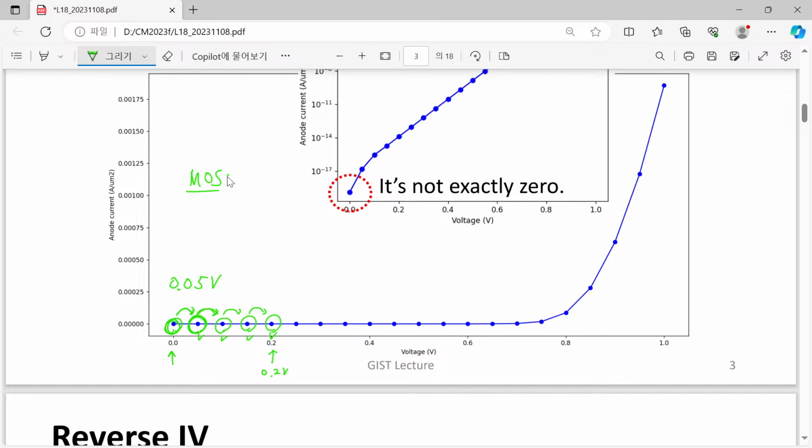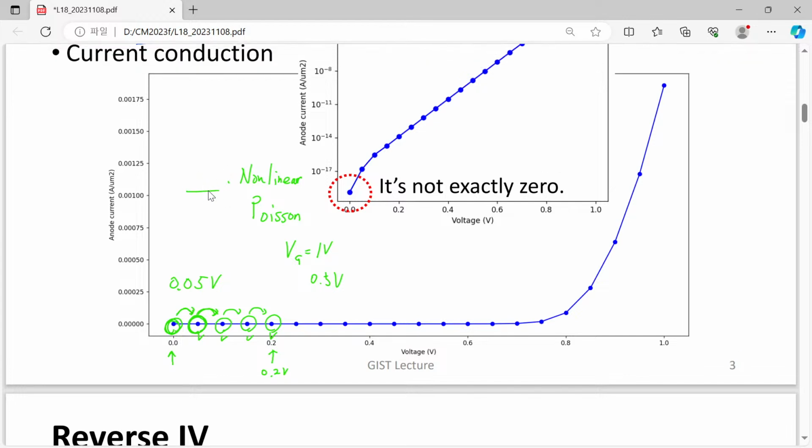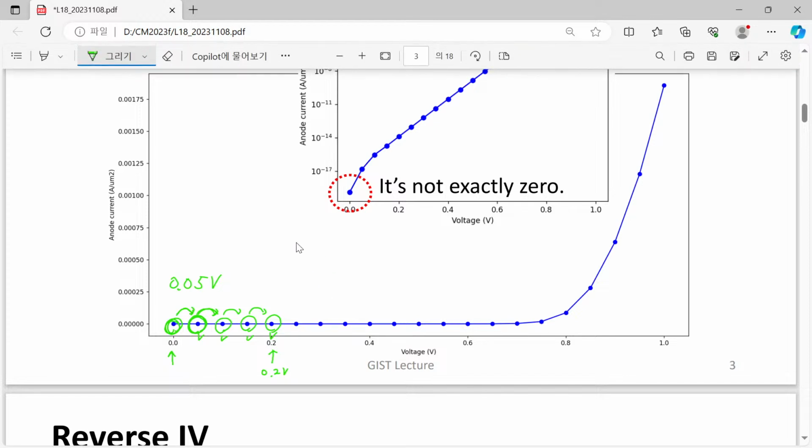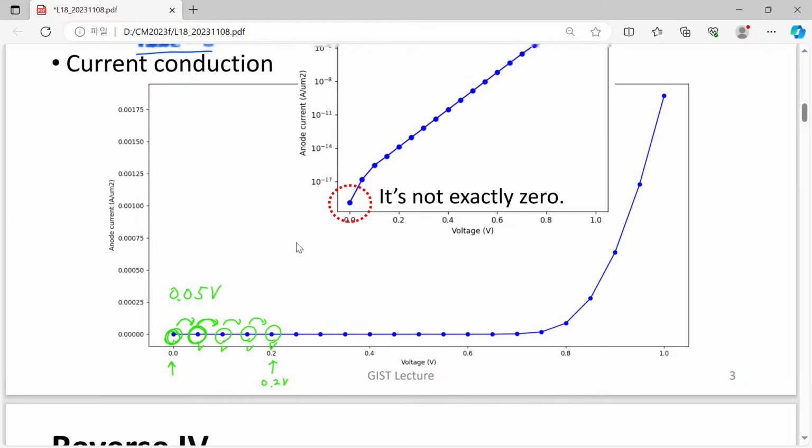However, at the time, the equation of interest was the non-linear Poisson equation. So when you applied 1 volt or 0.5 volt, there was no current conduction through the MOS system. However, now with this PN junction, when you apply a non-zero bias voltage to the anode, you have a non-zero current conduction.